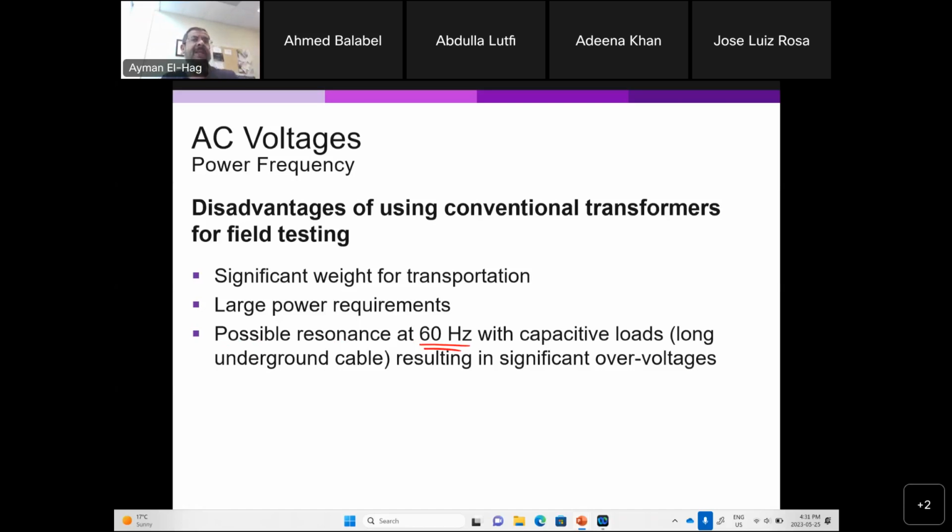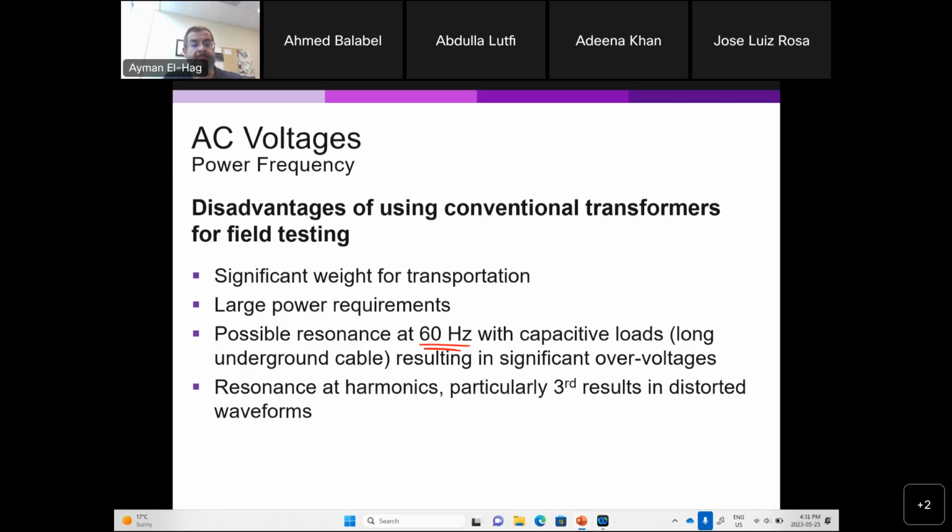That can damage the equipment or even the transformer itself. Also, you might have resonance, maybe not at the fundamental, but at the harmonics, especially the third harmonic. Yes, we try to minimize the harmonics, but you could have a little bit of harmonics. So it could happen that you have an overvoltage at a frequency other than the fundamental one.